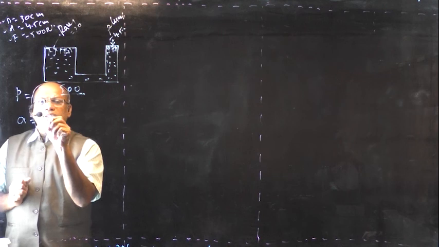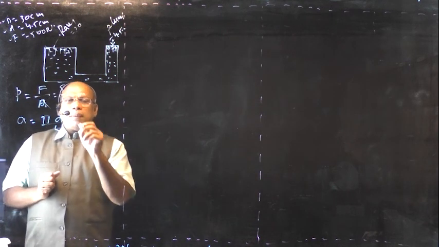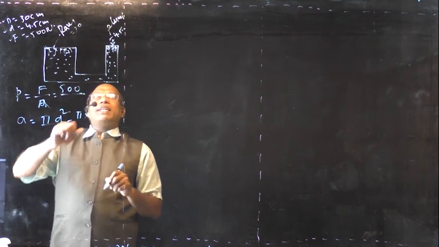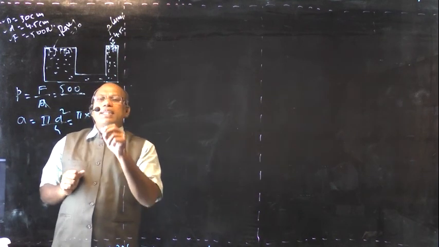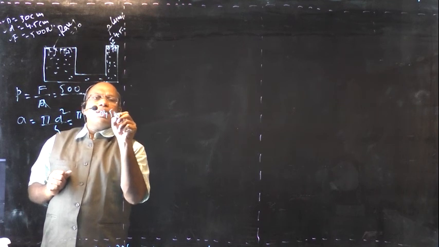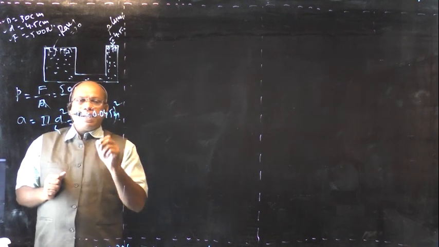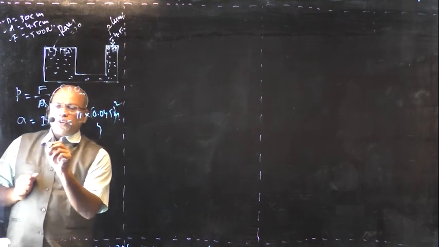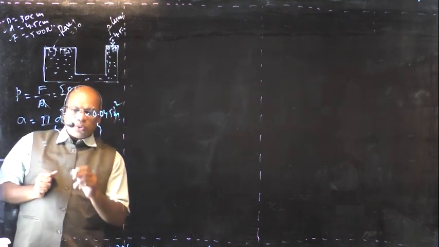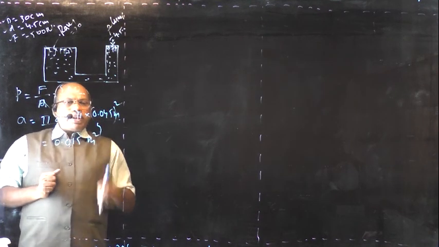Small a is equal to pi d square by 4, pi into diameter 4.5 centimeters, that is 0.045 meters, squared, divided by 4. Therefore the area of the plunger is equal to 0.0015 meter square.